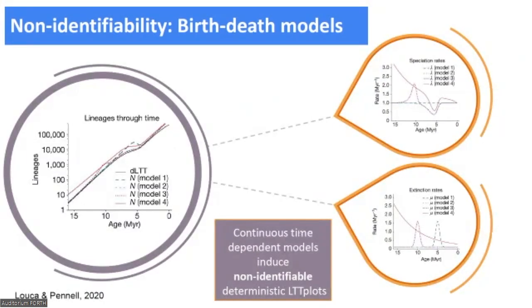Also, Stilianos Louca and Matthew Pennell in 2020 demonstrated that continuous time-dependent models generate non-identifiable deterministic LTT plots. That is, different combinations of parameter values for the speciation rate and the extinction rate generate the same identical diversification trajectories. All of these trajectories were said to belong to the same congruence class.